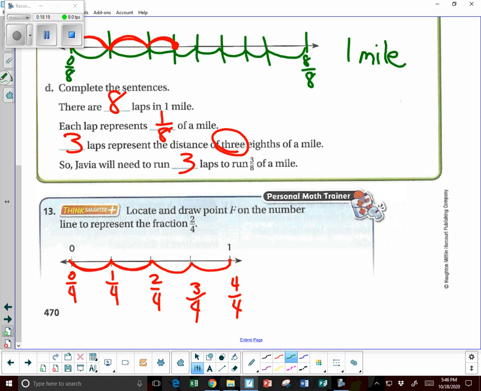But it says to locate and draw point F. So we're going to go 1, 2 of those points. I'm going to draw a point, and I'm going to label it F. Okay, that is where 2/4 is located, at F.